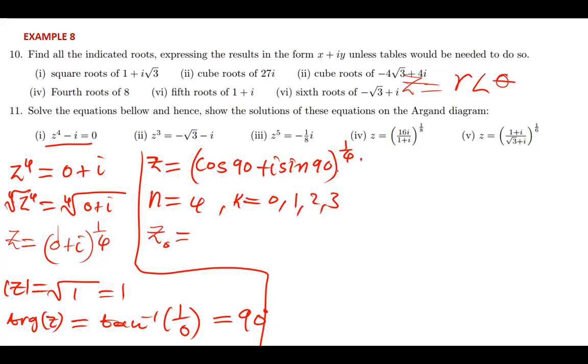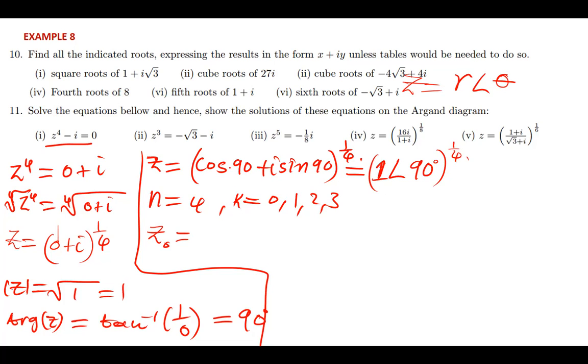In this case, r is 1, and the angle is 90 degrees. So you put 90 degrees, and then raise this to the power 1 over 4.